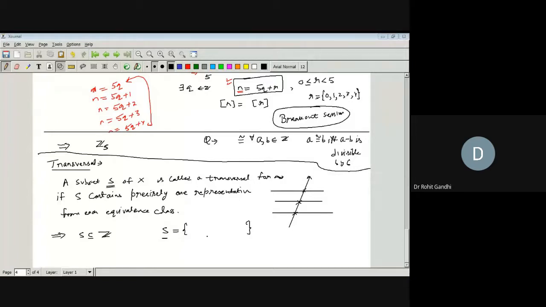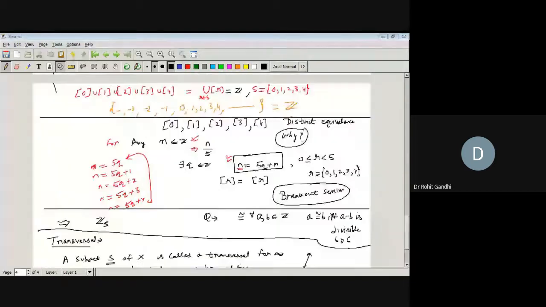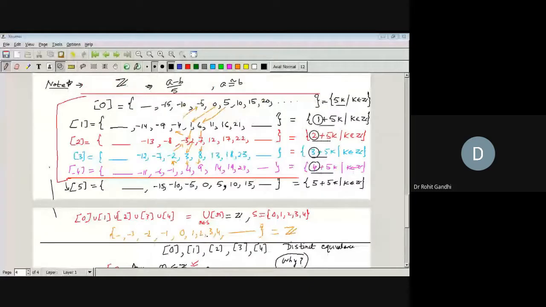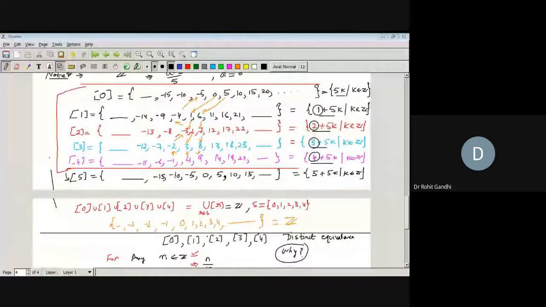If I talk about Z5, which is the set which contains one element of each equivalence class? Ankush Sharma: Yes, sir. 0, 1, 2, 3, and 4. Yes, good. So it's 0, 1, 2, 3, 4.